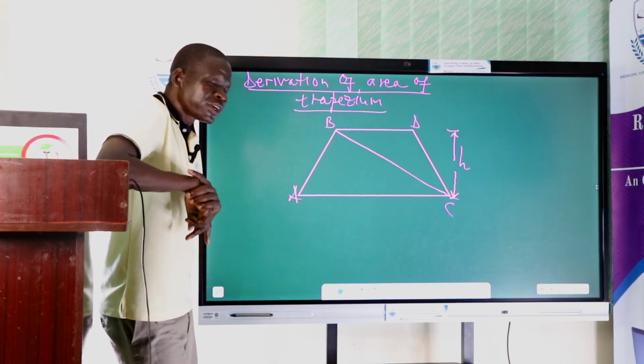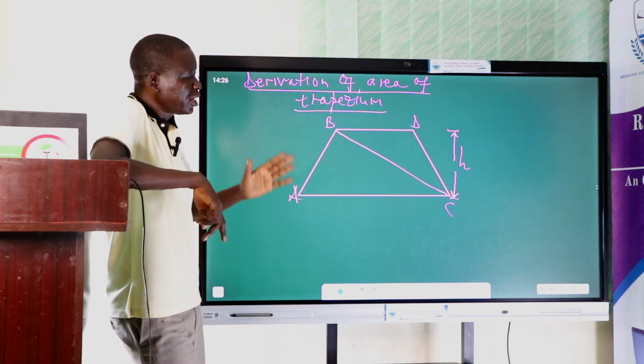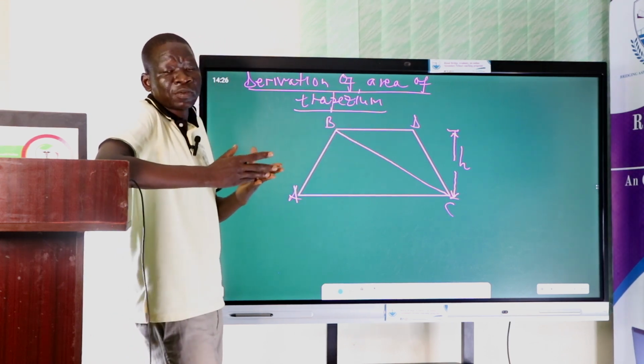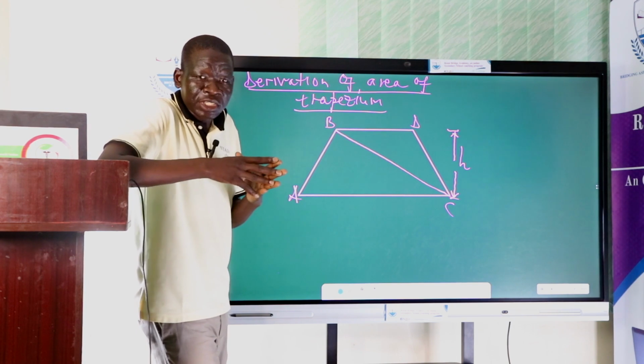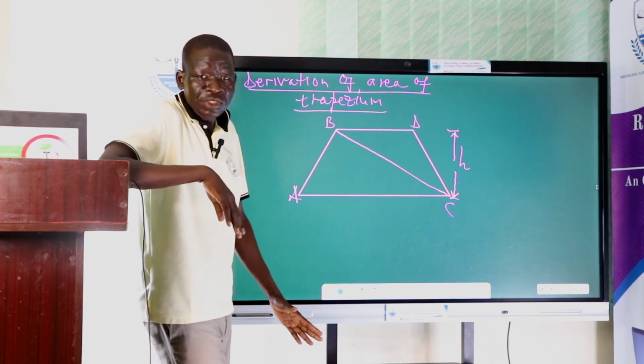I will find first of all the area of A, B, C, and then I get the area of B, D, C, after which I add them together. The general formula obtained will be the area of a trapezium, as we are going to see.